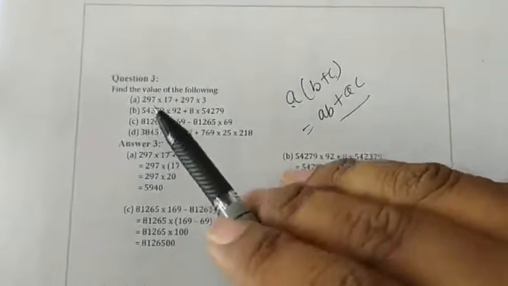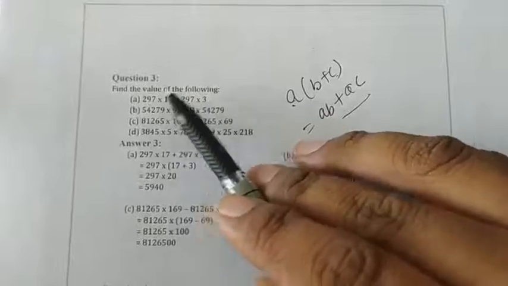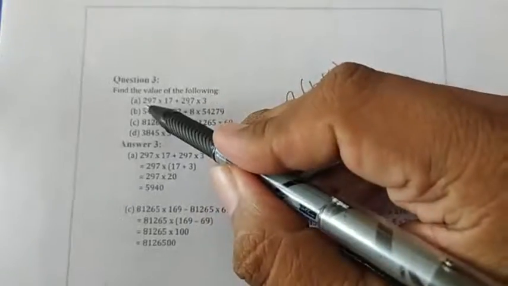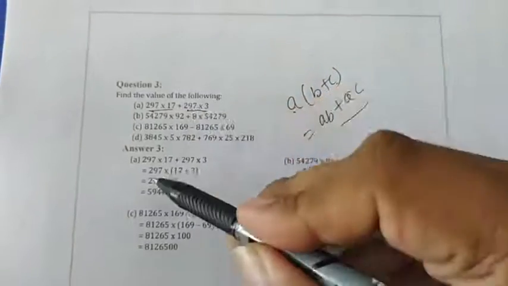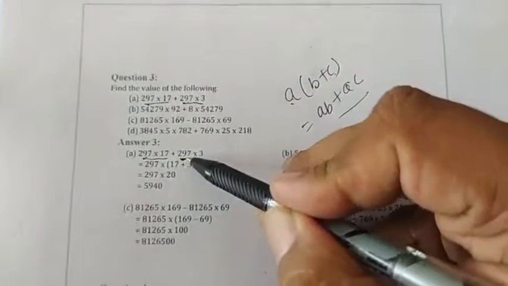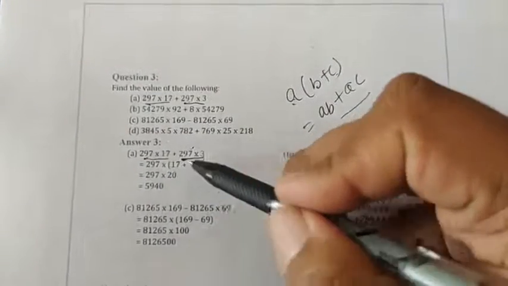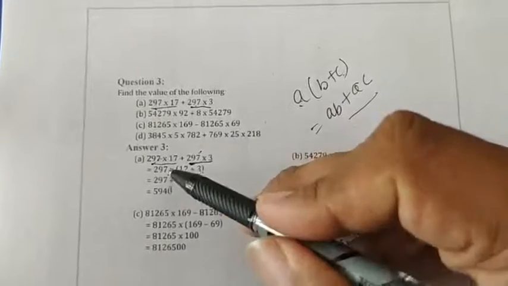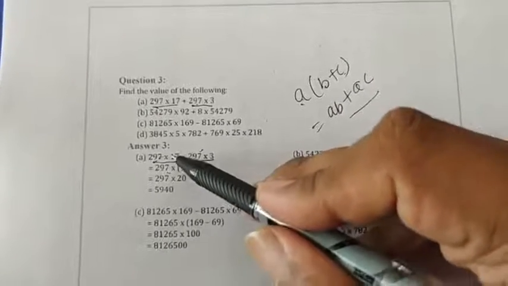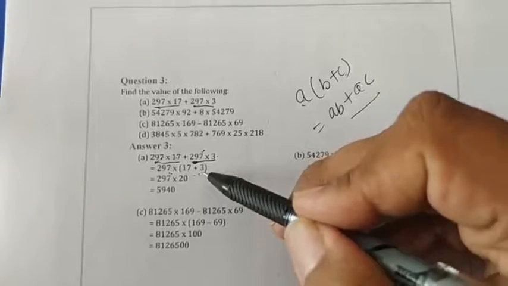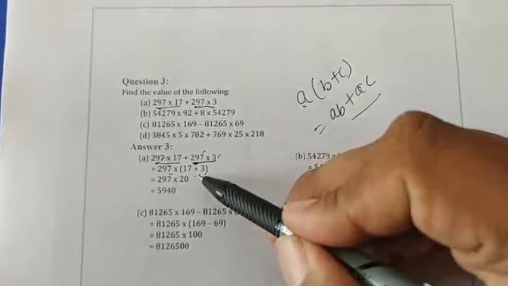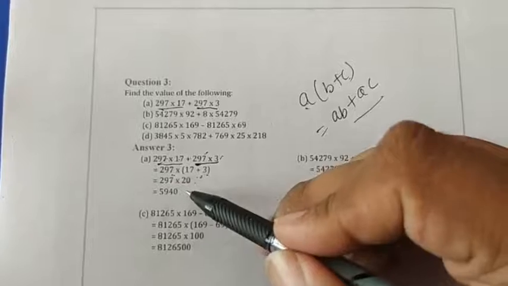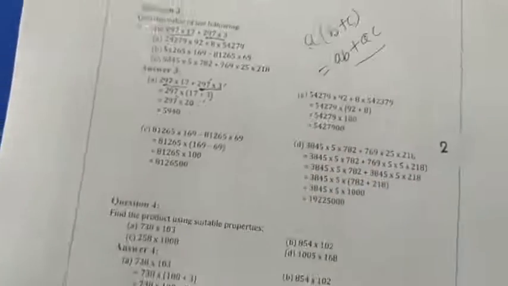What you will do here, you will take common 297 from both the numbers. So that's the first term, that is the second term. In both terms, the 297 is there. So you take 297 common, and here will be 17 plus 3. 17 plus 3 will be 20. Now you will do the multiplication directly, 297 into 20.